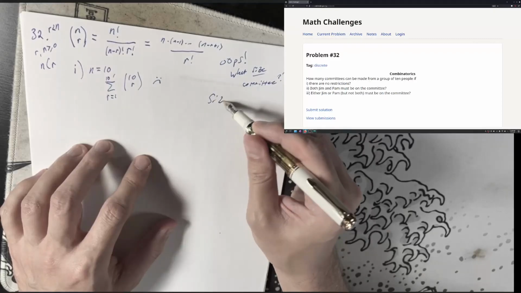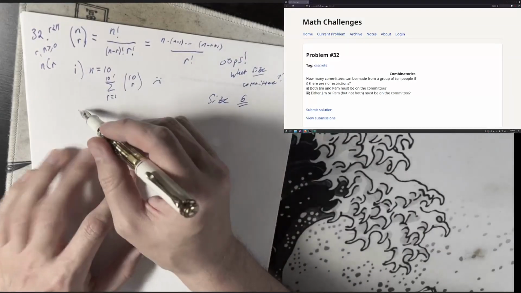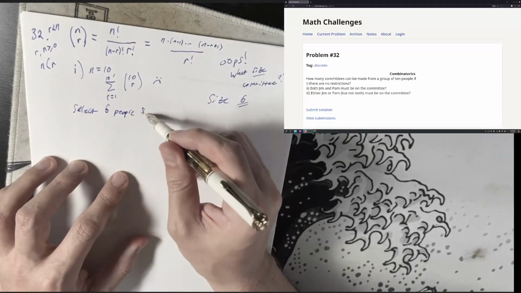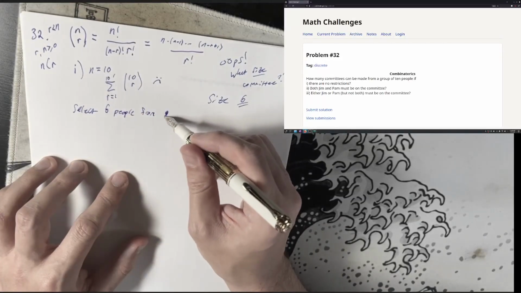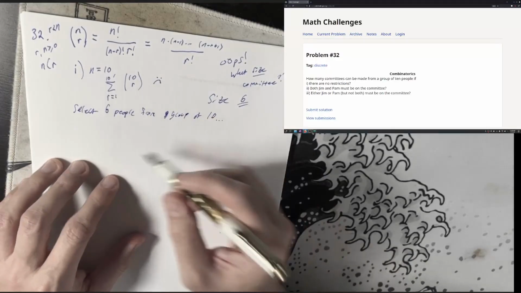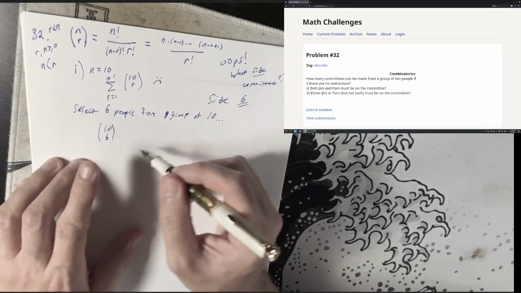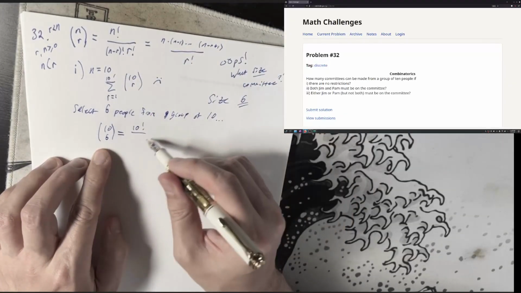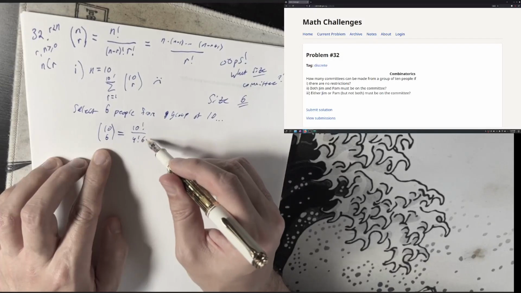Let's make it size 6. So select 6 people from a group of 10. In that case, it would simply be this answer, and then you use a formula. And we get 10 factorial over something like this.